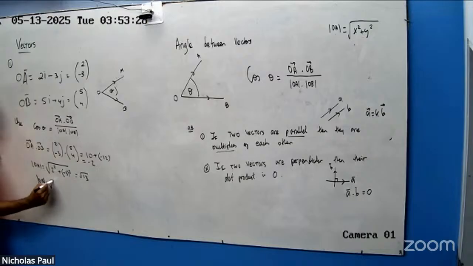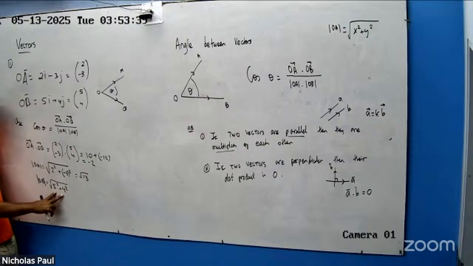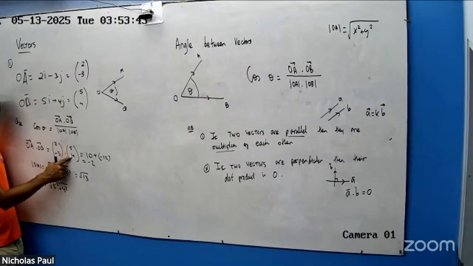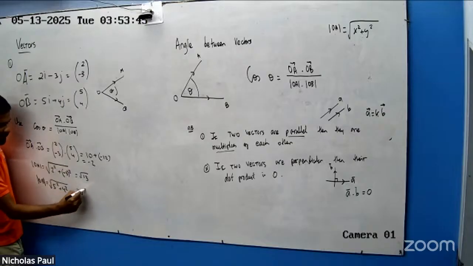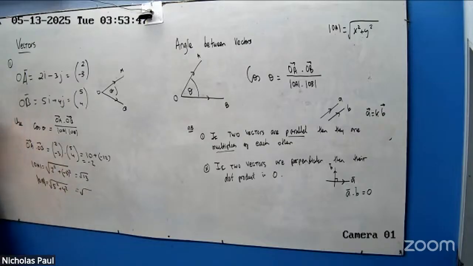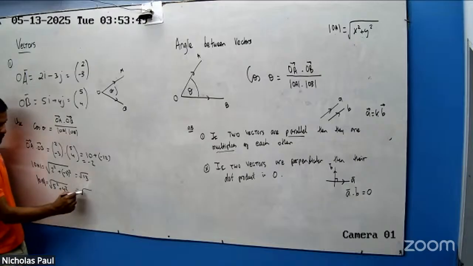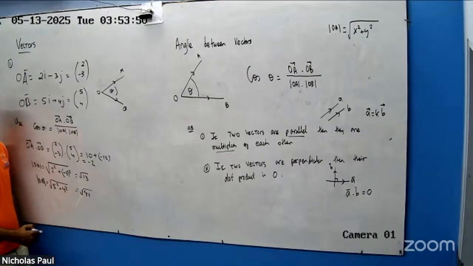Square root of what? Square root of 5 squared plus 4 squared. You okay with this? You sure? So you're squaring this and squaring this, right? So you'll get the square root of 25 plus 16, that's 41.